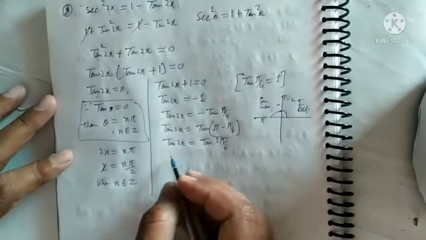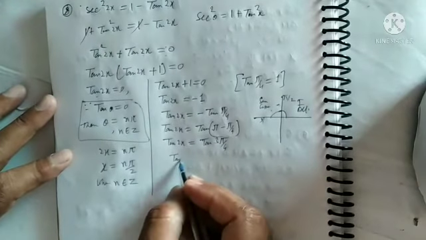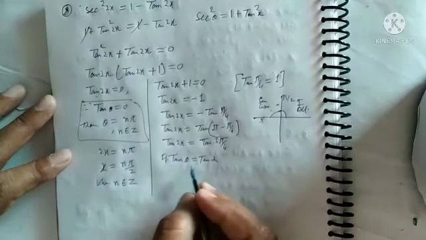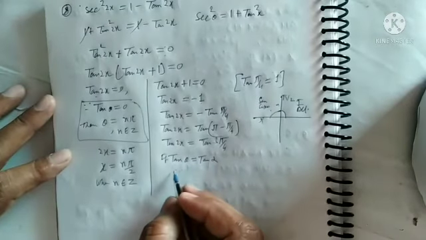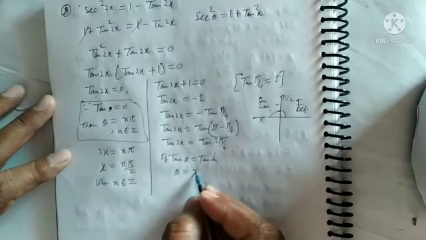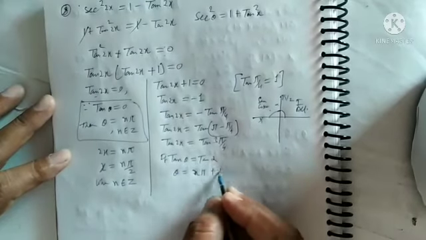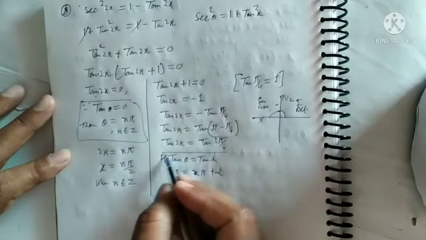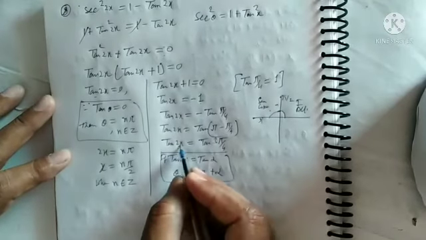Hereafter it is very easy. Again, which identity will apply? That is tan theta is equal to tan alpha. If tan theta is equal to tan alpha, then theta is equal to n pi plus alpha. This is the value. So we will apply this formula. Theta means 2x.